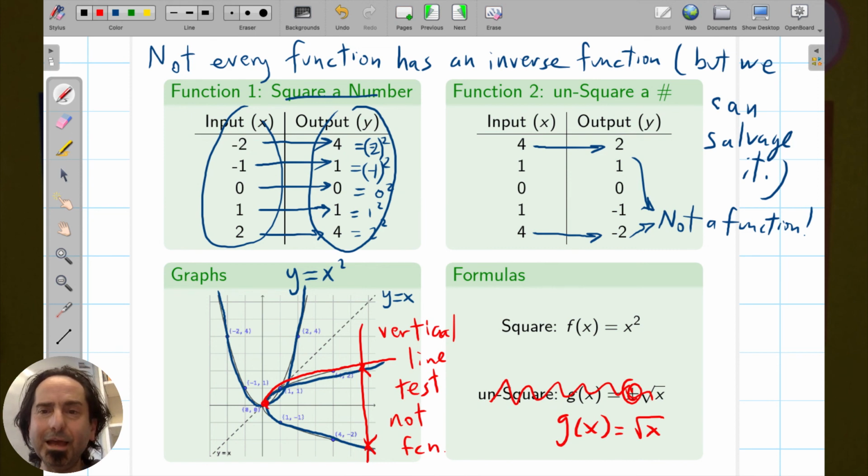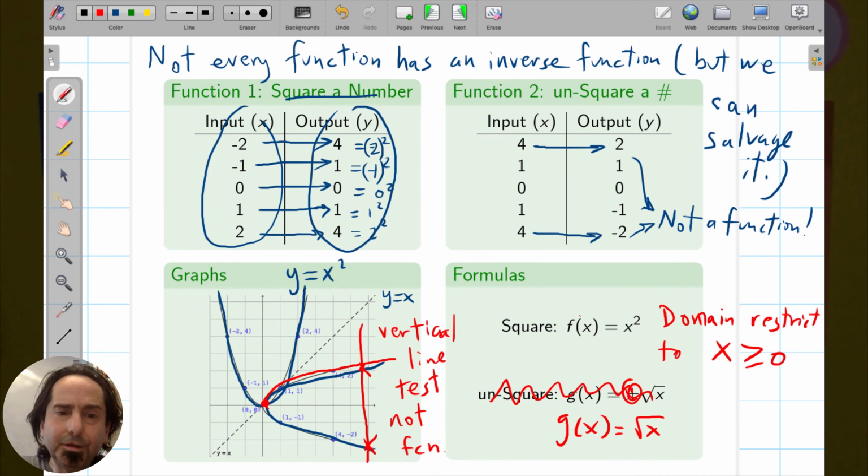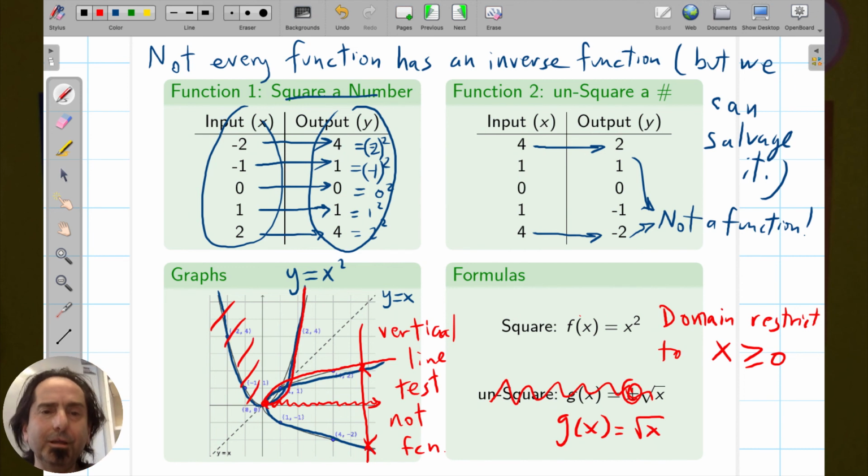That is a function, and the way to salvage it is to change the domain, restricted to x bigger than or equal to 0. So we want only positive numbers to go in. So if we take this part of the x squared curve and throw away the negative part, then we have a function which does have an inverse function, the square root.